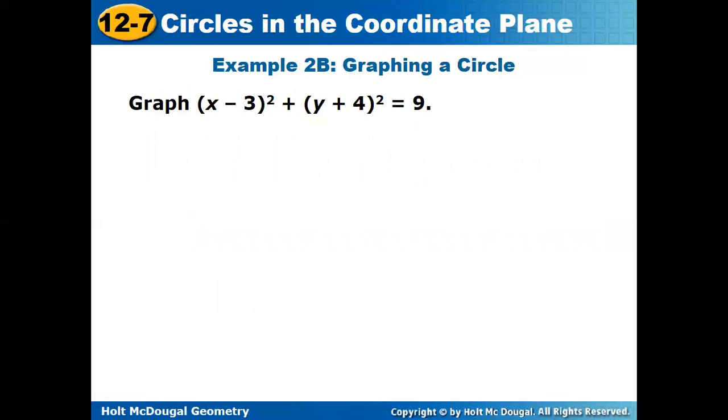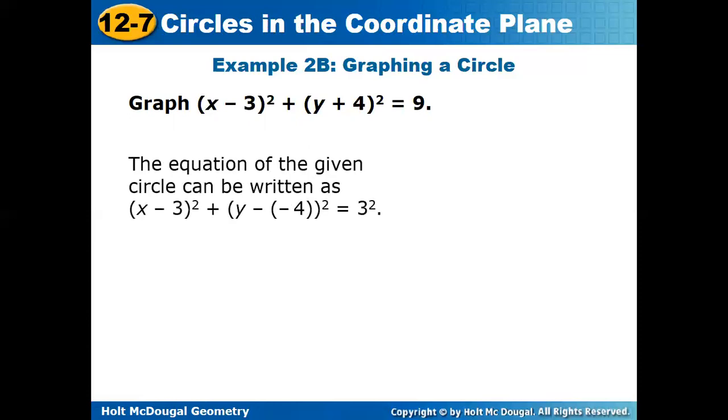Graph (x minus 3) all power 2 plus (y plus 4) all power 2 equals 9. In this way, identify first the center of this circle and the radius length. So we will rewrite the equation like this: (x minus 3) as it is, all power 2, plus y plus 4, we can write as (y minus -4), all power 2.